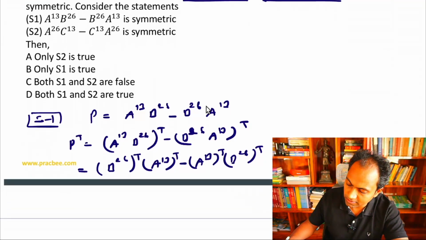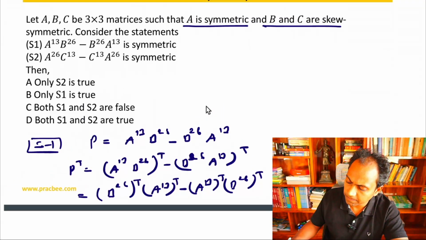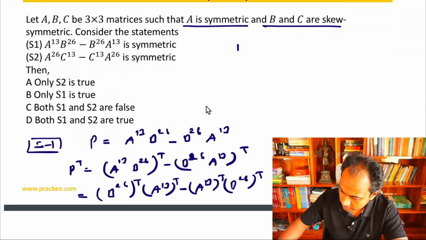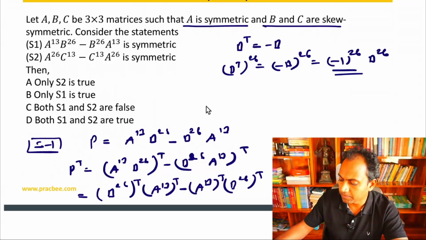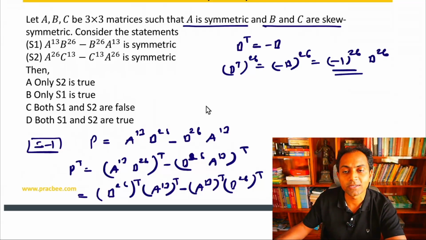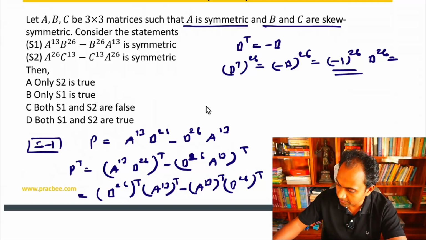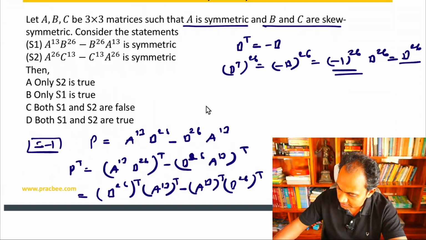Since B is a skew symmetric matrix, B transpose is equal to minus B, so B transpose raised to the power 26 will become minus B raised to the power 26, and as a result minus 1 to the power 26 will come. You can see that B is a skew symmetric matrix, but B raised to the power 26 will become a symmetric matrix because we are getting the same answer.